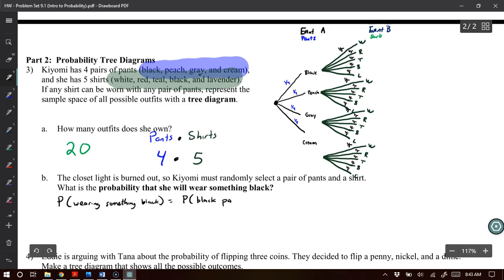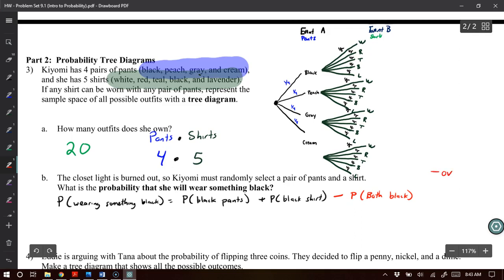So I want to find the probability of wearing black pants plus the probability of wearing a black shirt. However, she does own a black shirt and she does own a black pair of pants. So I want to find the probability of the overlap, the probability of both being black, and subtract it.